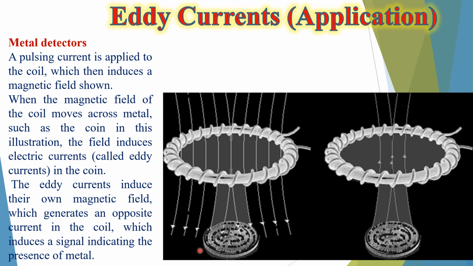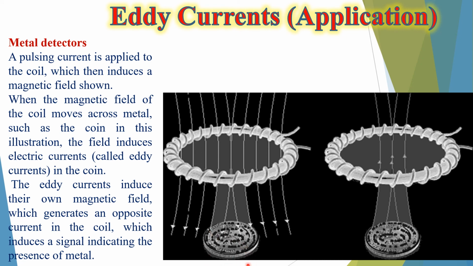We know that due to the change in magnetic flux, there must be induced current, and that is known as eddy current because it will be within the conductor, rotating within the coin.